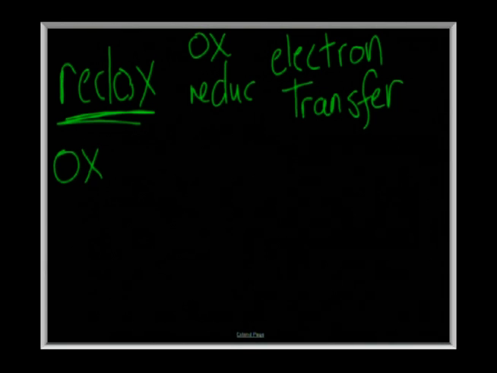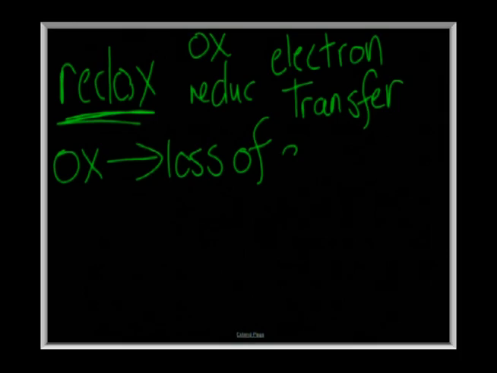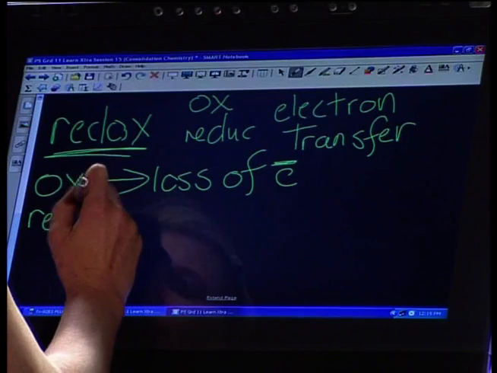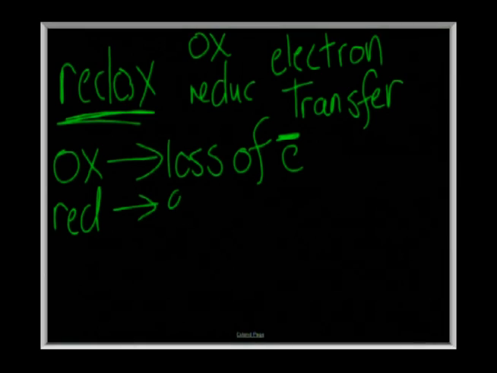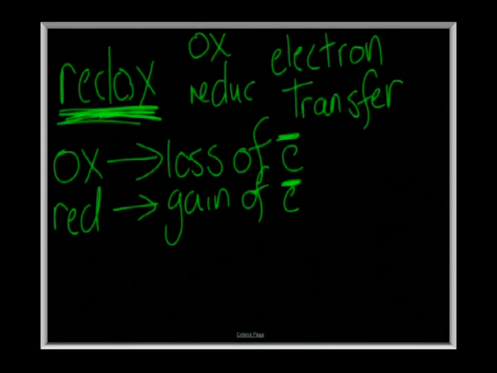When oxidation takes place, it involves a loss of electrons, resulting in something having a bigger oxidation number because it's lost some of the negatives. In the case of reduction, it involves a gain of electrons. So first type of reaction, a redox reaction, I think relatively easy to identify.